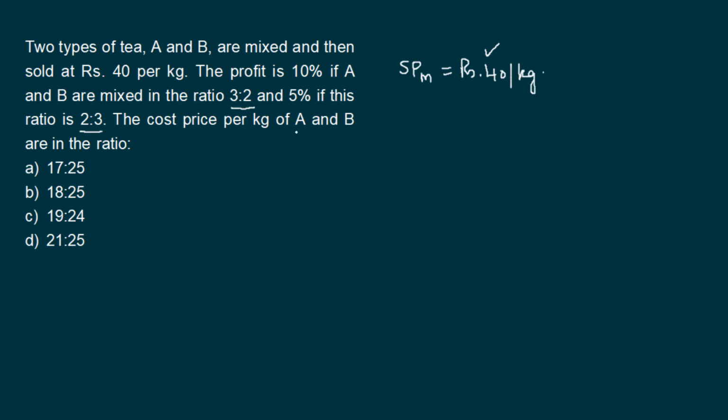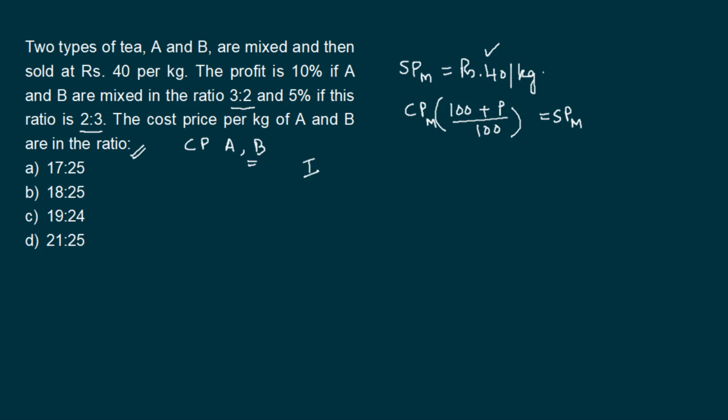The cost price per kg of A and B are in which ratio? Let the cost price of A and B be a and b respectively. Then we know that cost price into 100 plus profit by 100 is equal to selling price. So this would be cost price of the mixture and this is selling price of the mixture.